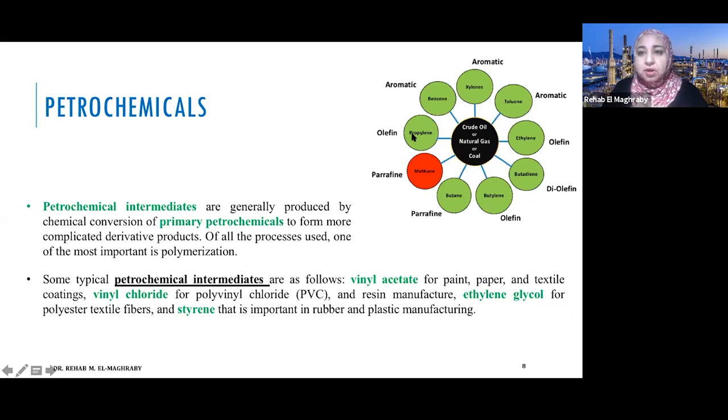You can get propylene from the dehydrogenation of propane, which is one of the components of natural gas. So mainly the petrochemical industry is based on natural gas.